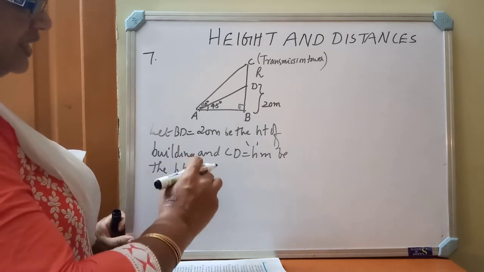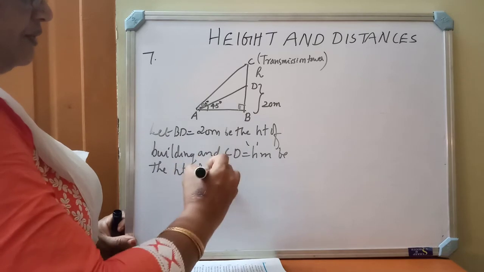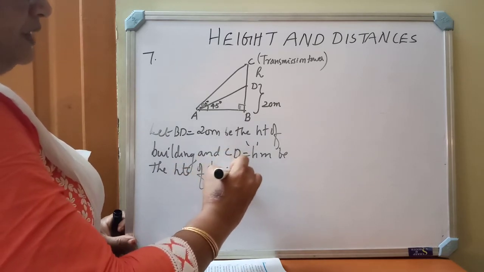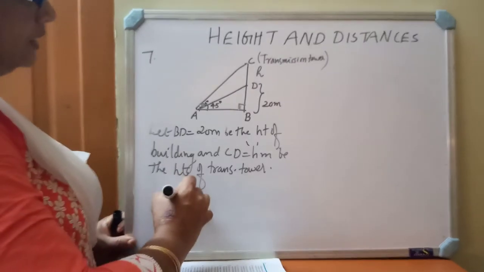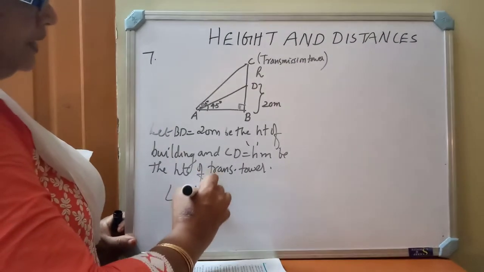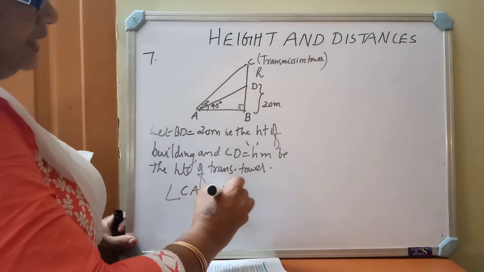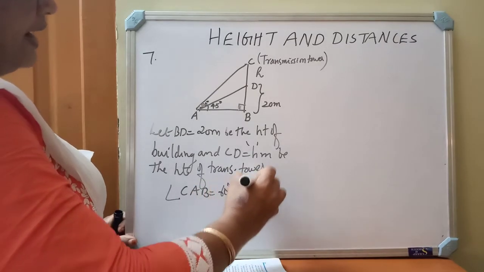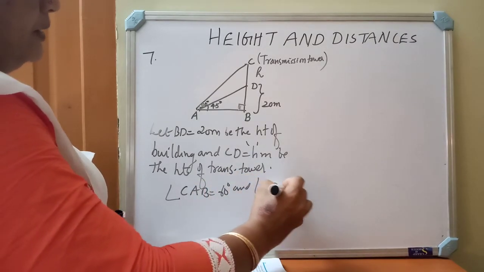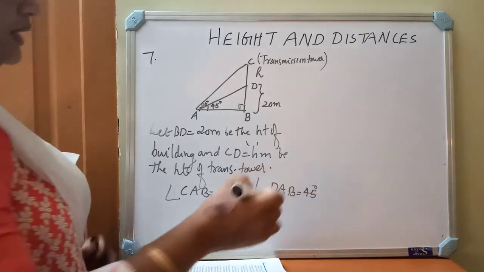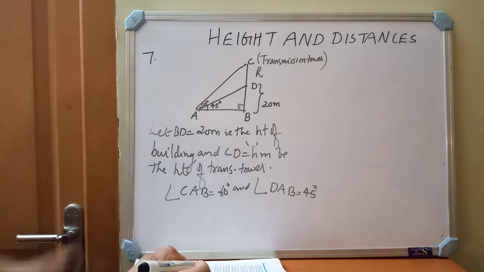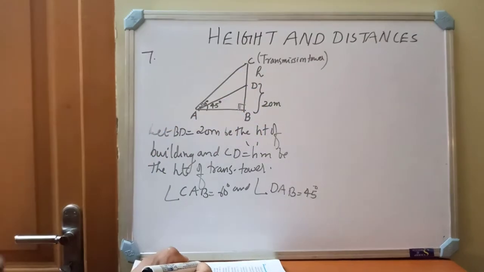You must write height of transmission tower. Angle CAB is equal to 60 degree and angle DAB is equal to 45 degree. These are the two values given in this question. They ask you to find out the measure of CD.